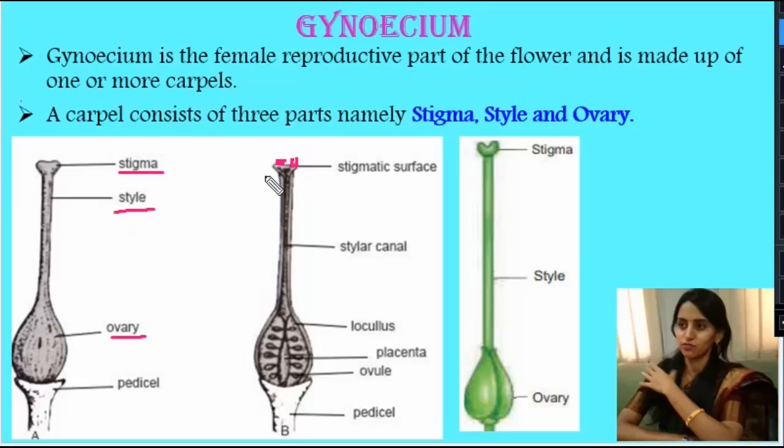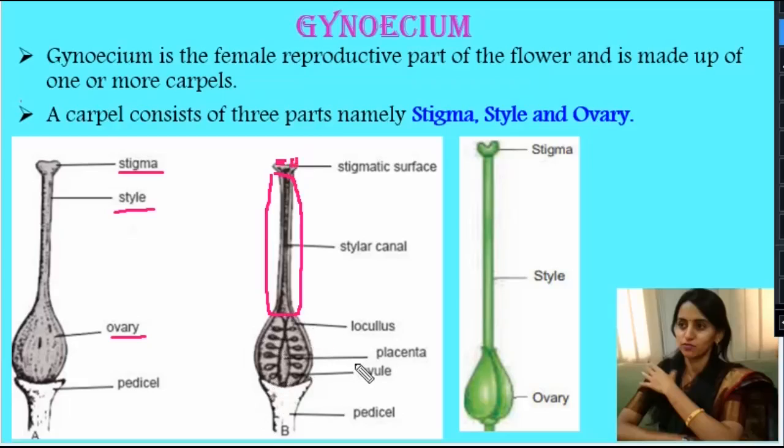The style is an elongated hollow tube-like structure. You look at this, this is a tube-like structure. This is a longitudinal view of a typical carpel. The style is a hollow, elongated tube-like structure which connects stigma and ovary.